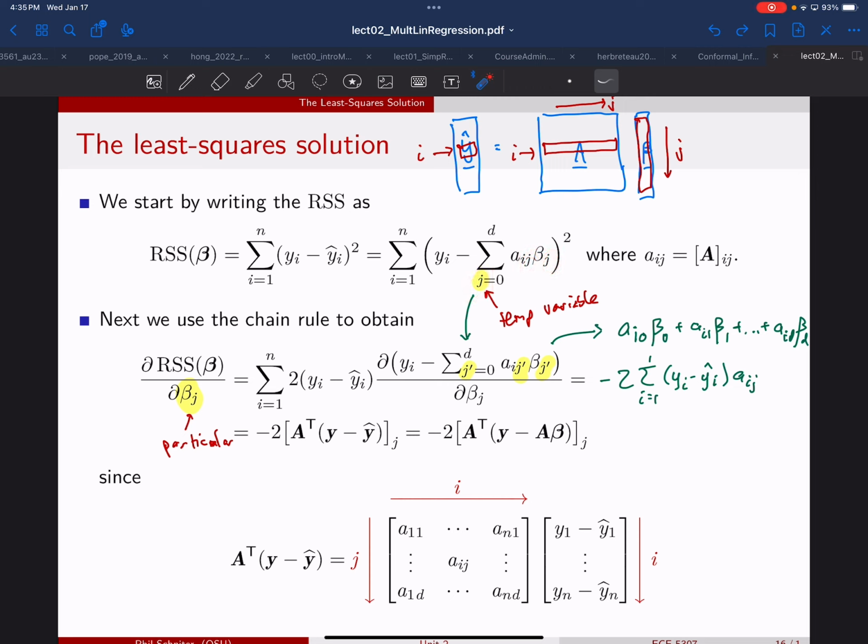When we said it first, there's no problem with using j itself because j had no other meaning. But when we come down here, j is already taken. It already has a particular meaning. And so for the temporary variable used to express the sum, we can use anything as long as it's not j or i. So there I'm using j prime. I could have used k or whatever you want. But that's why we did that substitution.